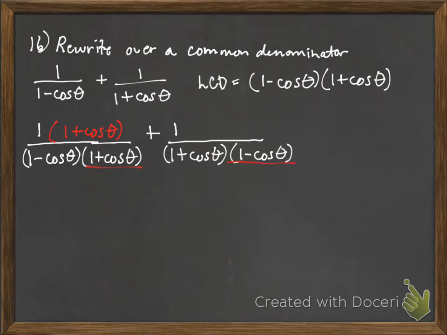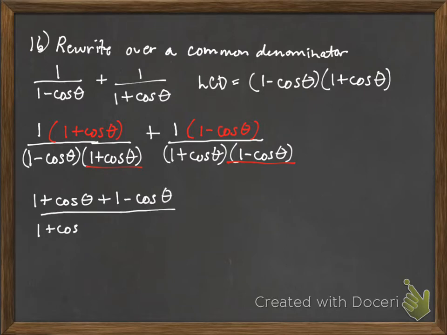So that's what's new. And that said, I have to bring that up to the numerator as well. So, in the numerator, I get 1 plus cosine theta plus 1 minus cosine theta all over 1 plus cosine theta, 1 minus cosine theta.